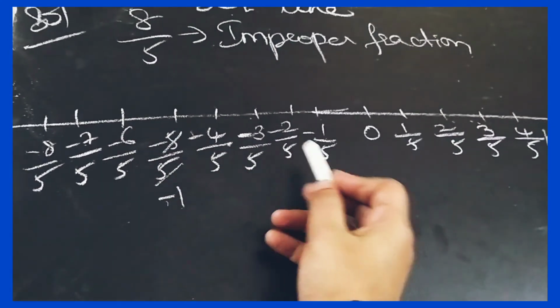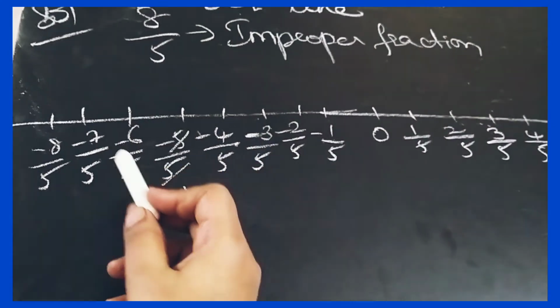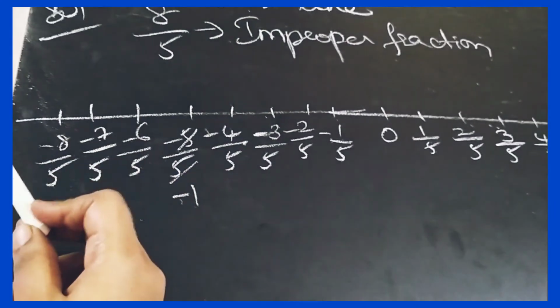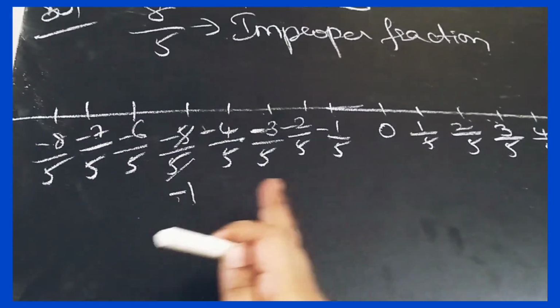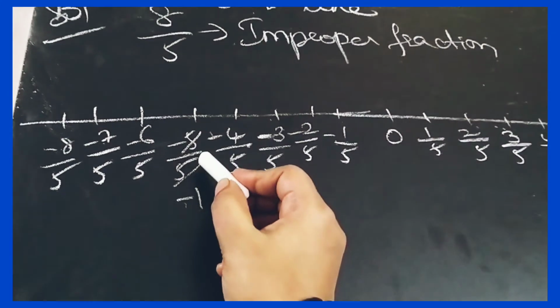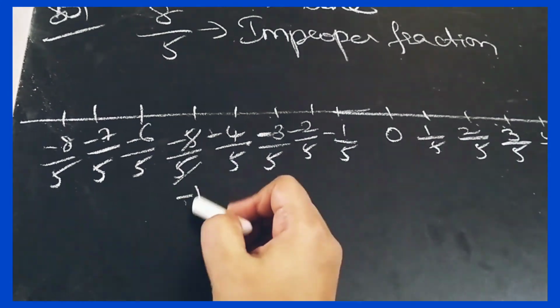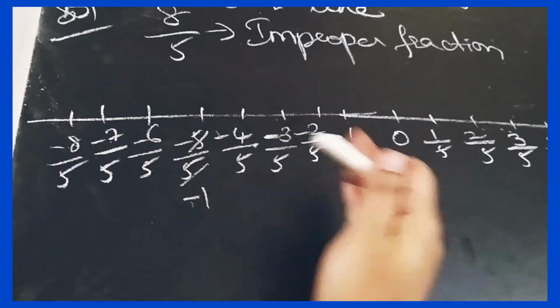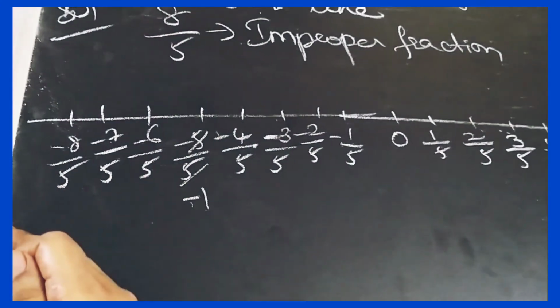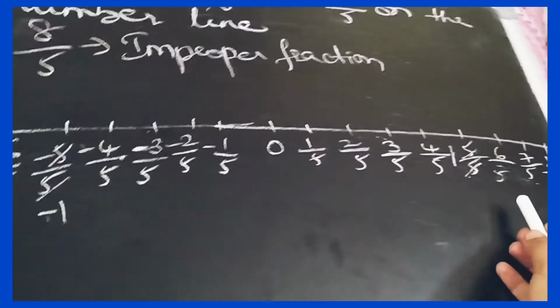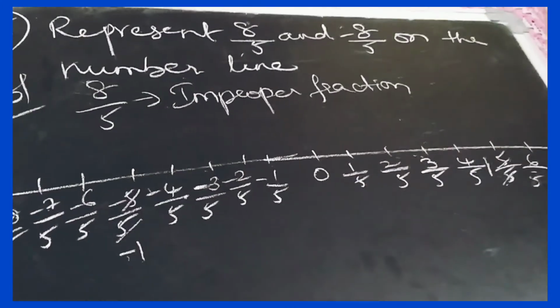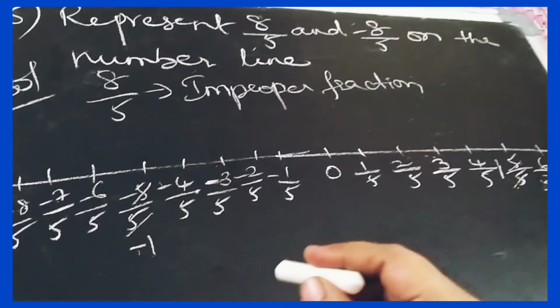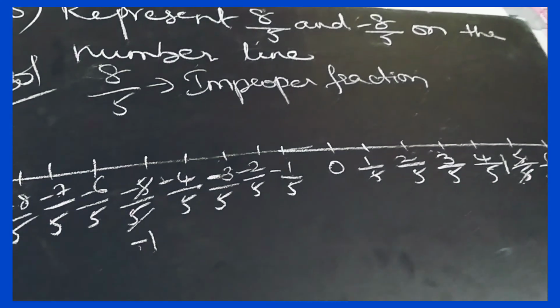Minus 1 by 5, minus 2, minus 3, minus 4, minus 5, minus 6, minus 7, minus 8. You keep the denominator like this only. If we cancel 5 and 5, the answer is minus 1. So between 0 and minus 1, all proper fractions are there. After minus 1, improper fractions are there. So minus 8 by 5 is there here, 8 by 5 is there. This is the method of representing rational numbers on the number line.